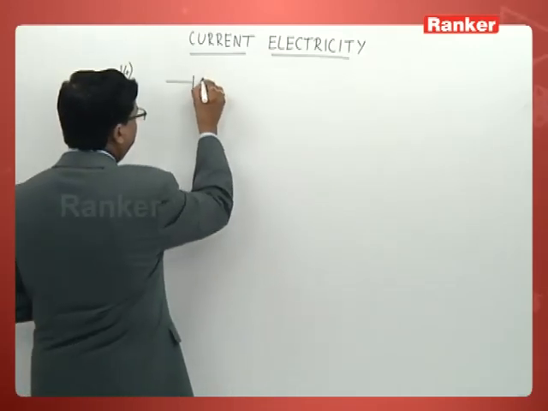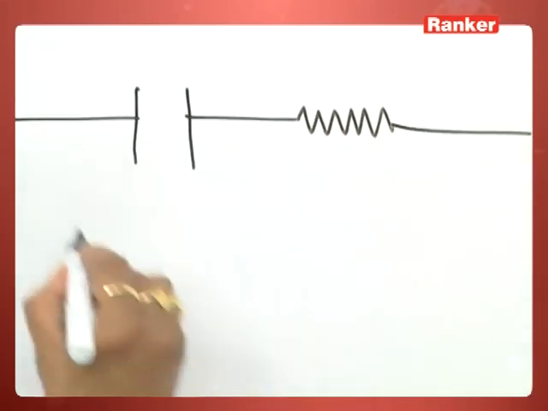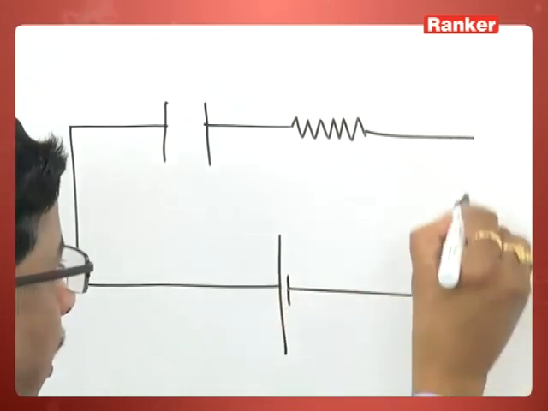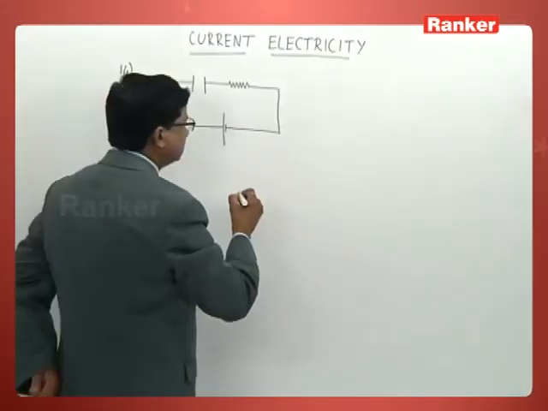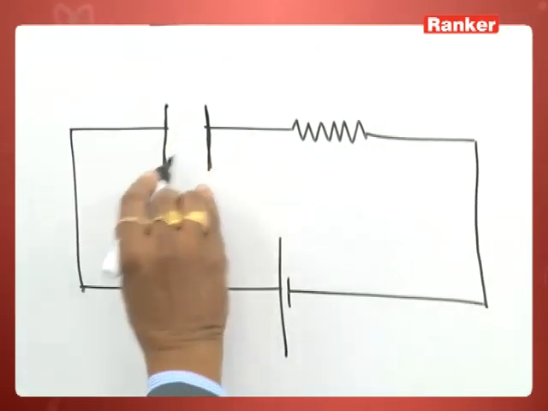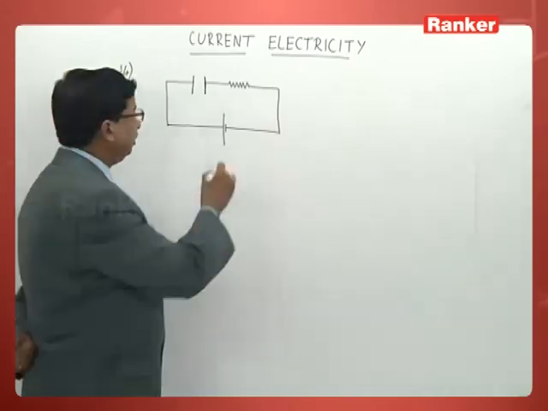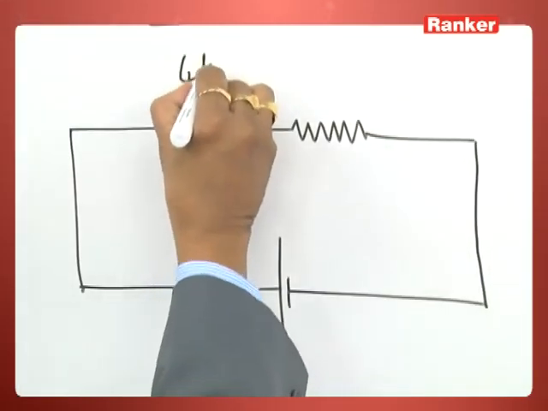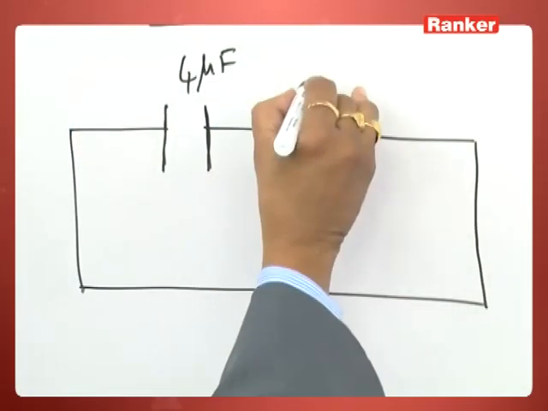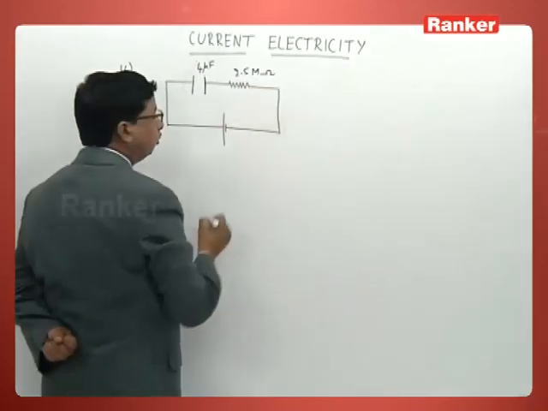I just take a capacitor, I just consider a resistance, both are now connected across a cell like this. You can understand well, both are in series. Very clearly it is mentioned in the problem as well. This is 4 microfarad and the other one is 2.5 mega ohm or million ohm.